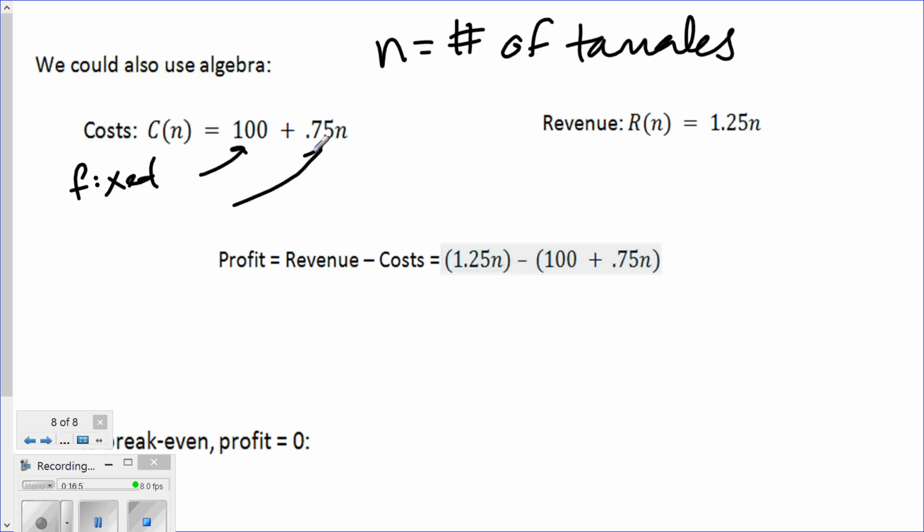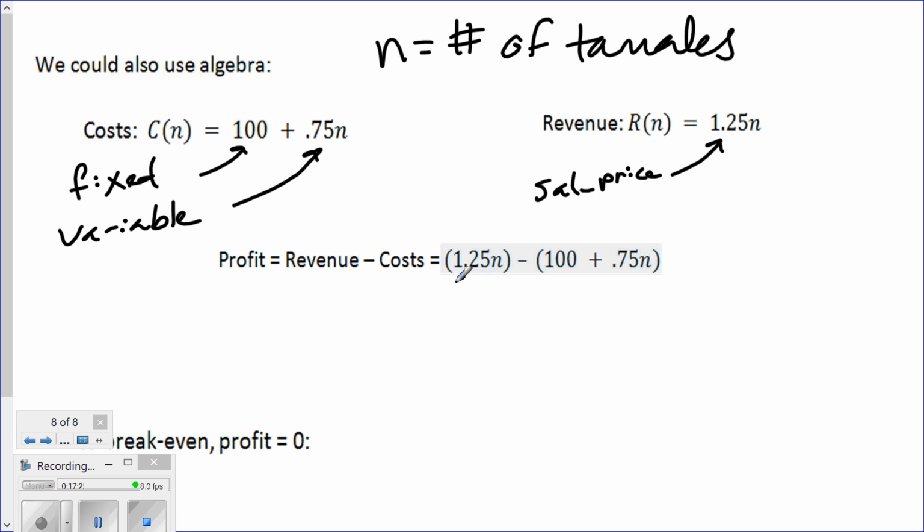The 75 cents is our variable cost, and we're taking the variable cost times the number of tamales. Our revenue uses the $1.25 sale price, and we're taking the sale price times the number of tamales to get our total revenue for our business in a month. Then again, profit is revenue subtract costs.